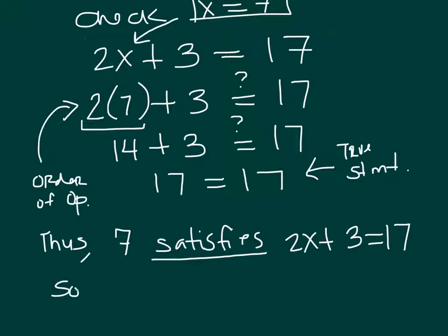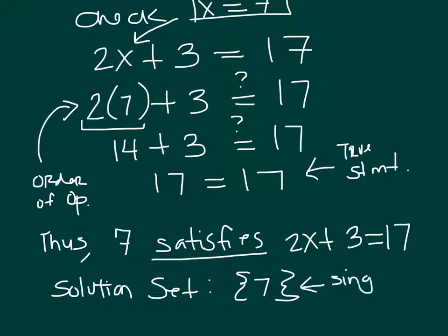We can also say the solution set is, well, there's only one solution, so 7. So this is a singleton, when we connect it back to set theory. That is example 2, or really example 1 in your book. I'll do a next one, and again, I'm just going to be doing these from easy to hard.